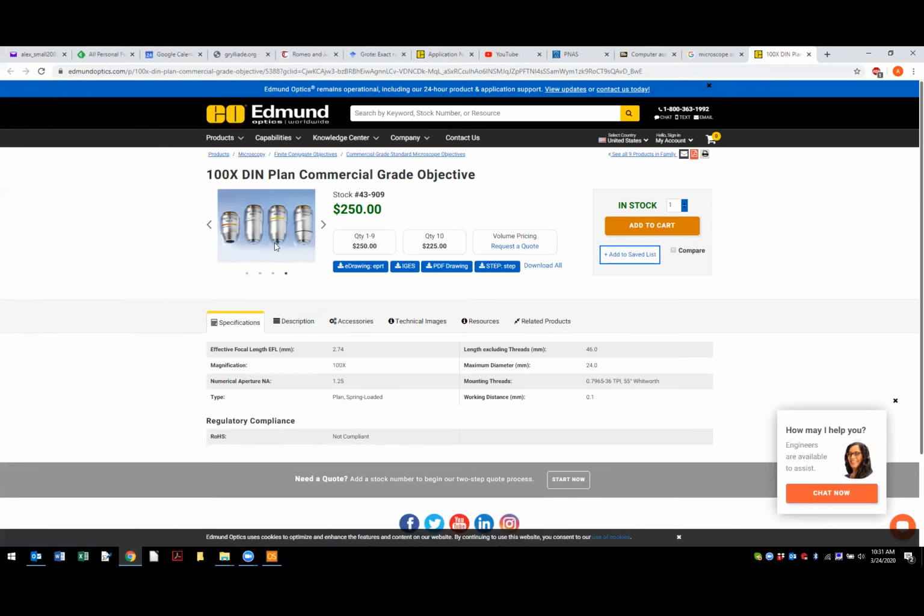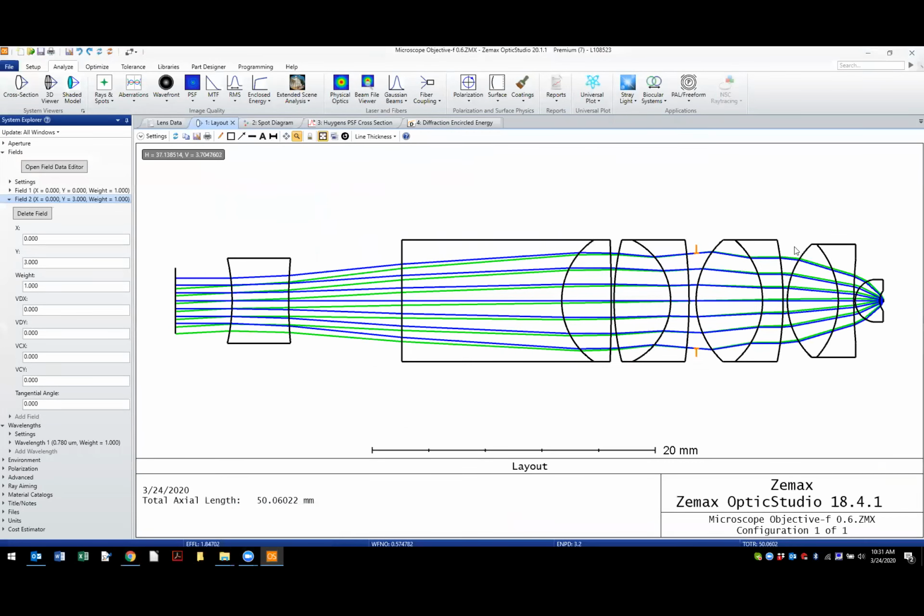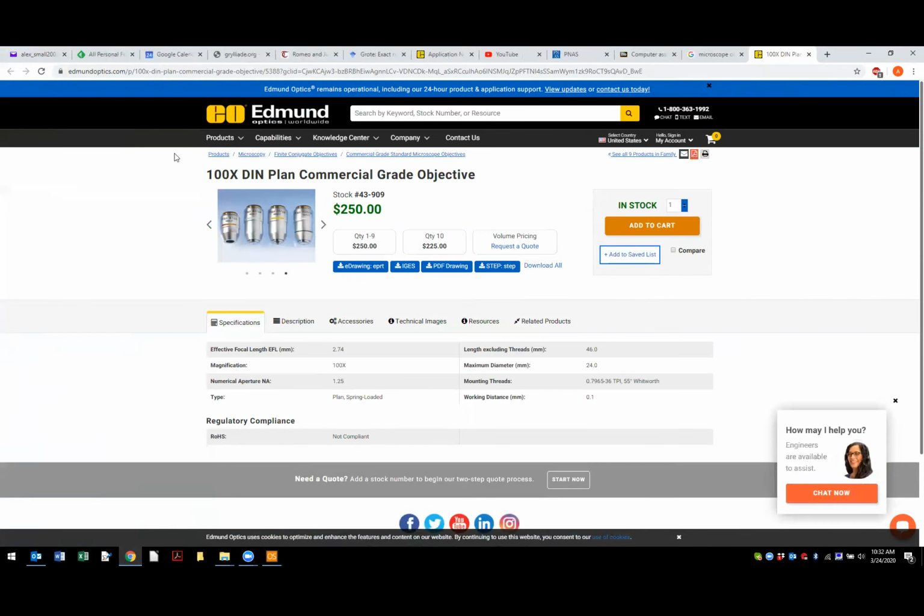So if you just buy this, all you see is a little bit of glass out here, and if you were to look through this top end, you would see, well, some glass again. So just looking at it with your eye, you'd have no idea that the real internal makeup of it may be something like this.